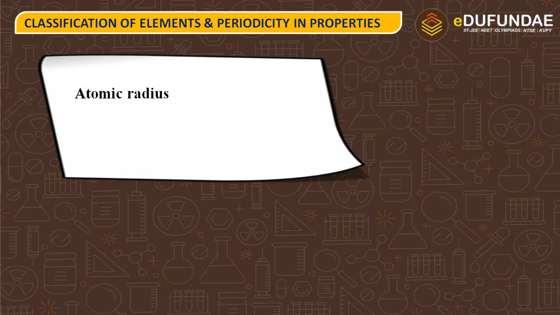So this is the summary of the topic. Atomic radius, that is inversely proportional to nuclear charge. जितना ज़्यादा nuclear charge, उतना छोटा atomic size. Because across the period atomic size क्या करता है? Decrease due to the increase of nuclear charge.